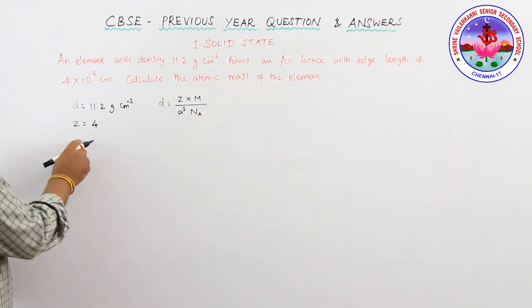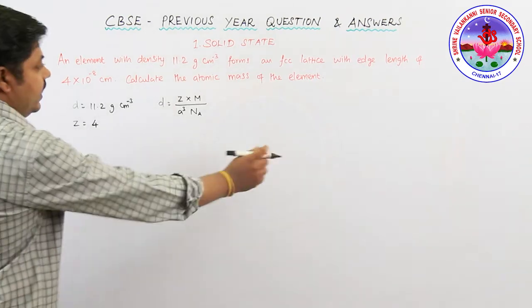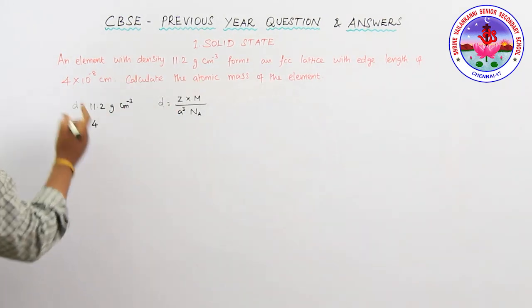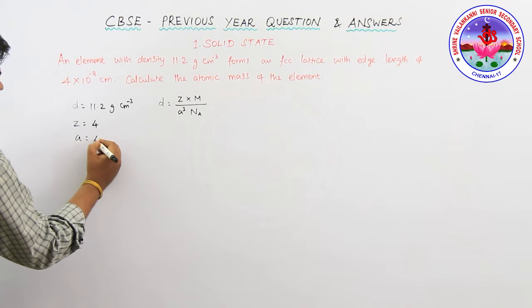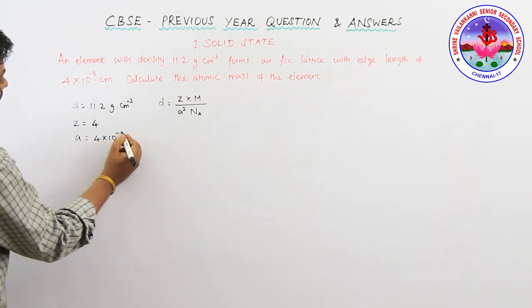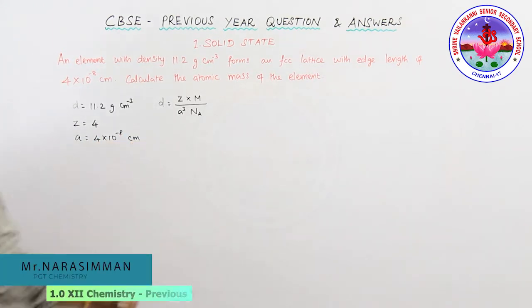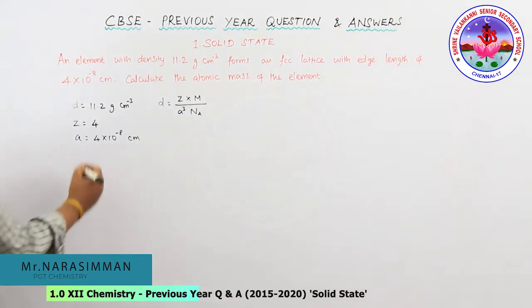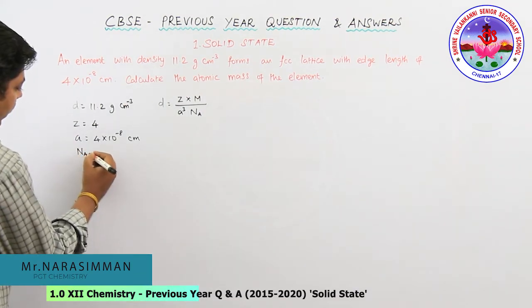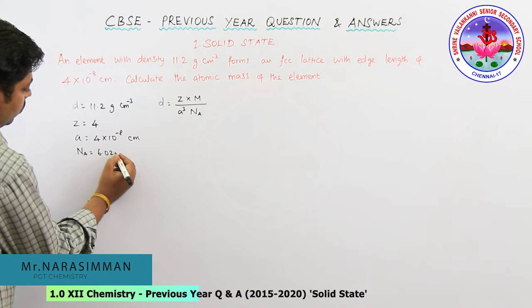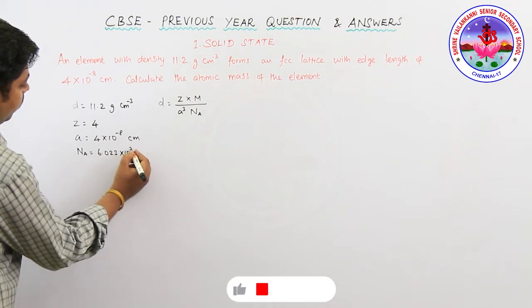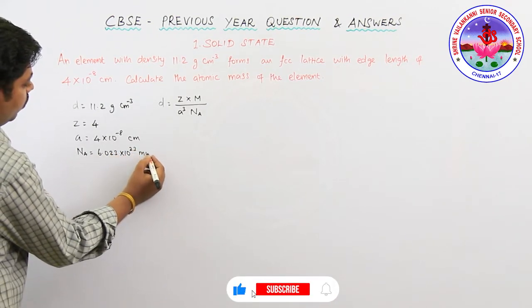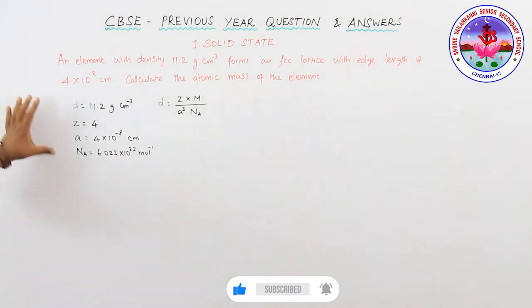Then the edge length of the unit cell, A, is also given: 4 into 10 power minus 8 centimeter. Then the Avogadro number is 6.023 into 10 power 23 per mole.